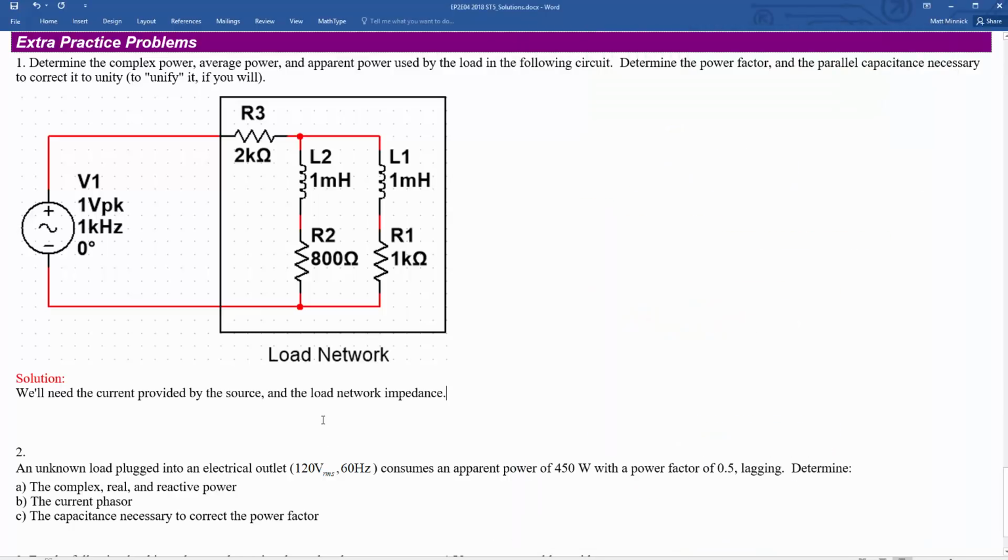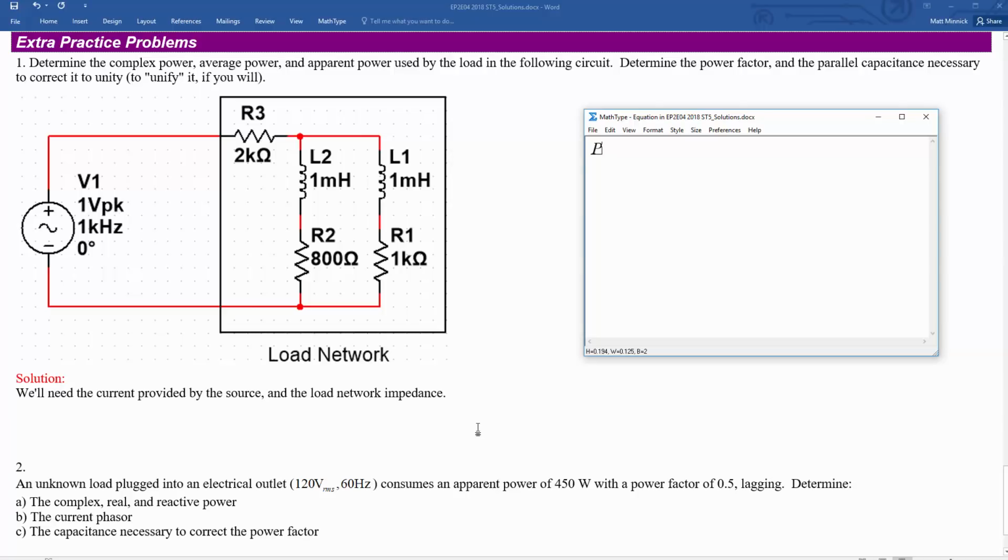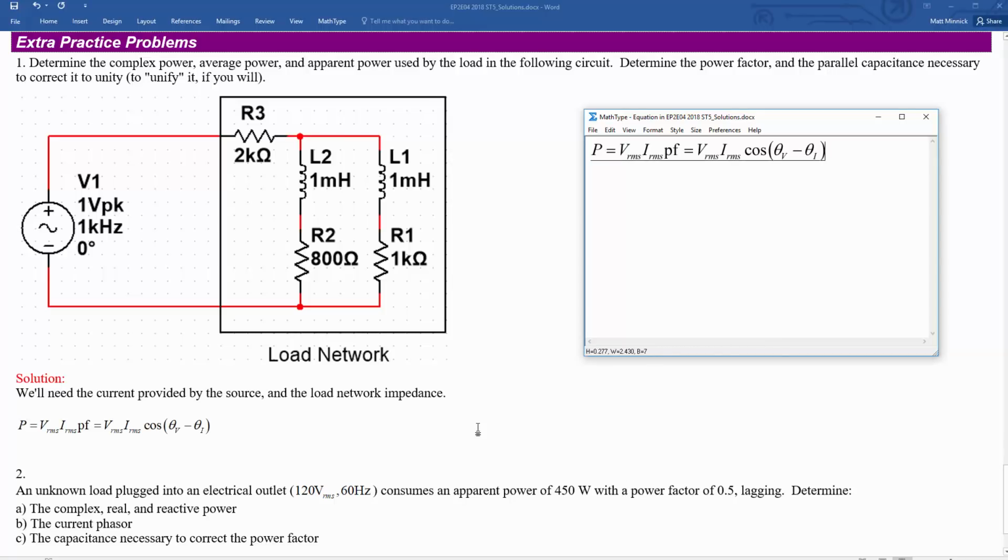The power factor comes from P is equal to V RMS I RMS times the power factor, where the power factor is the cos of theta V minus theta I.